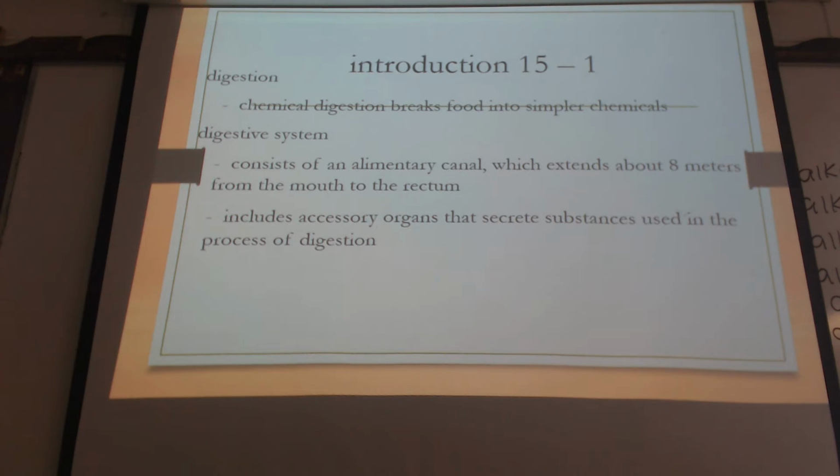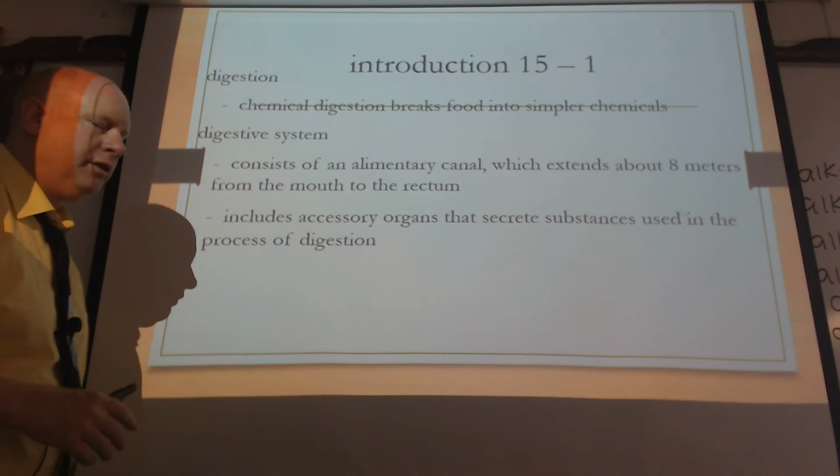Liver was one, and we said it sits right about where your stomach is, just a little bit below. Pancreas. Those are two vital organs that are accessories in the digestive system.